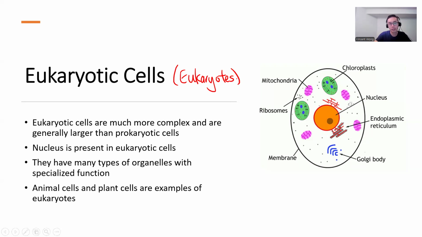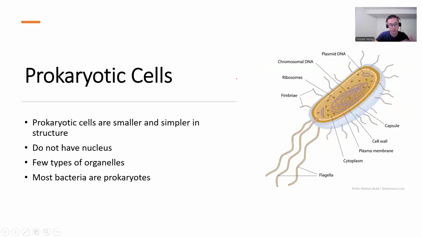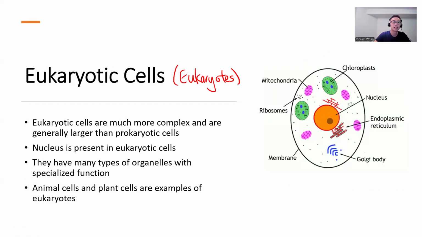And then we have the prokaryotic cells, which we will get to in a second. We are made up of eukaryotic cells. Compared to the other type, these cells are much more complex. They are generally larger than the prokaryotes.